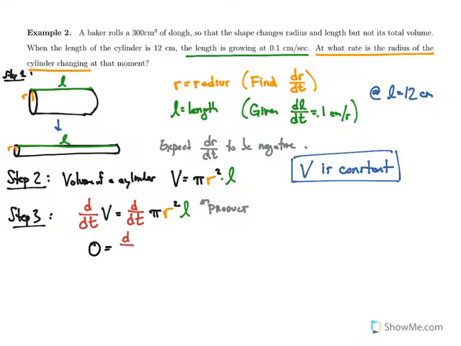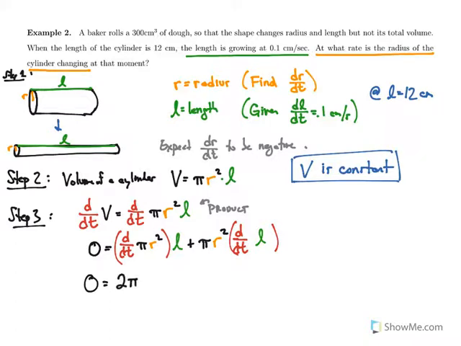So we're going to do the derivative of the first, pi R squared, times the second, L, plus the first, pi R squared, times the derivative of the second, L. So this is going to give us 0 equals, the derivative of pi R squared is going to be 2 pi R times the derivative of R, times L. We have to use the chain rule.